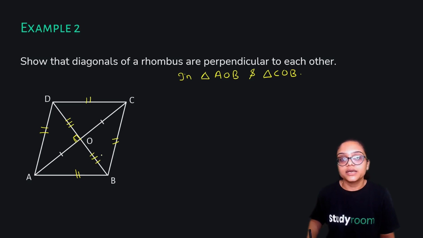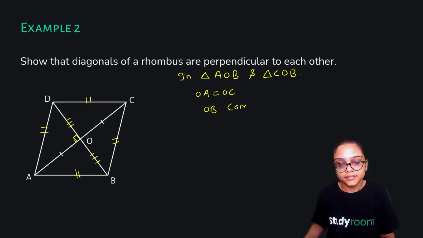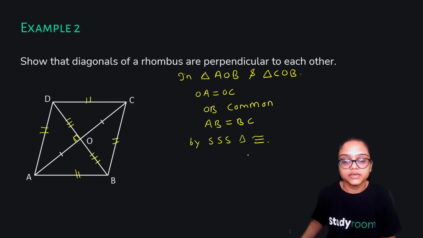We know that diagonals intersect each other at the midpoint, so we can write OA is equal to OC by the property, OB is common, and AB is equal to BC since it's a rhombus. So by SSS, the triangles are congruent.